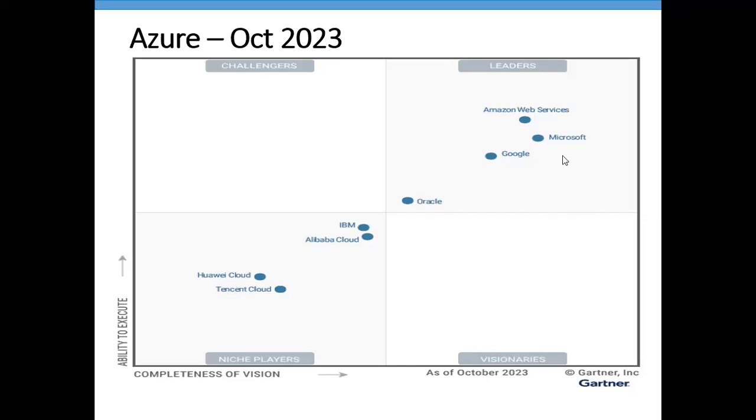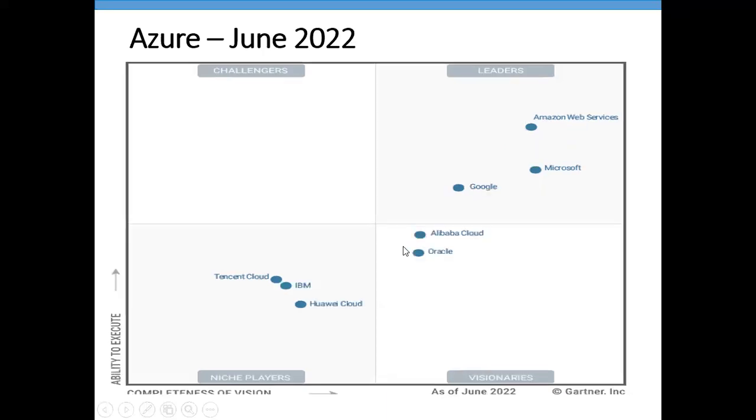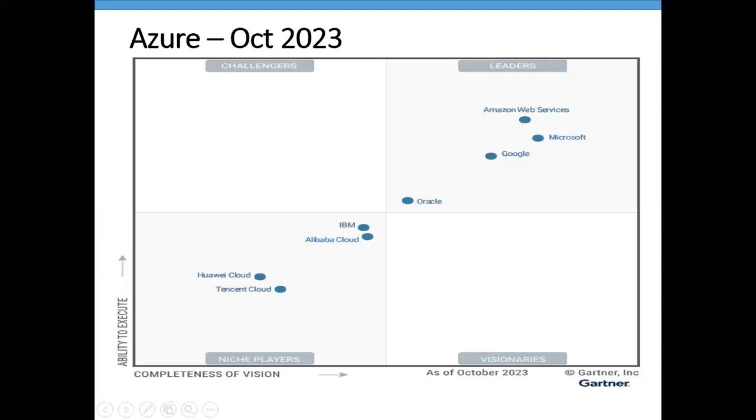That's why, for the last 2 years, I've always been saying it: 100% Azure is going to be number 1 cloud very soon. And we have seen the performance over the last few years.